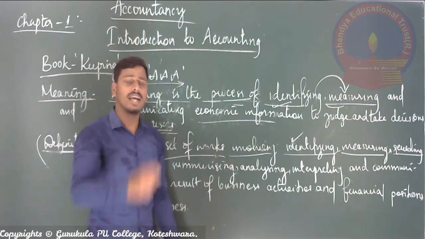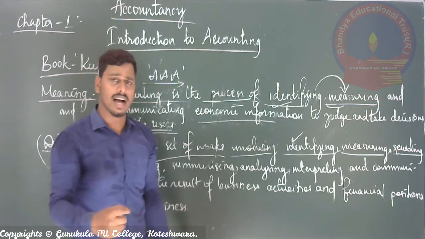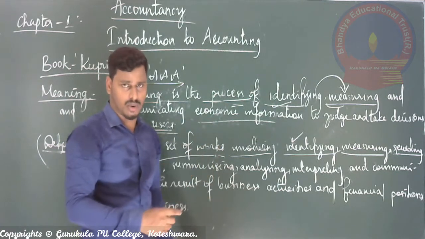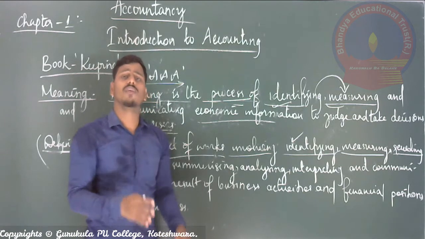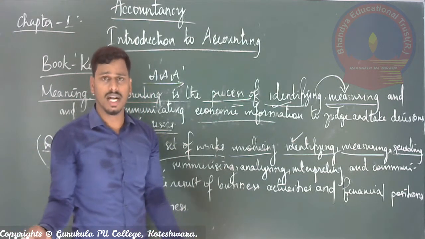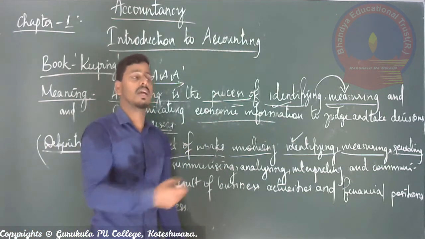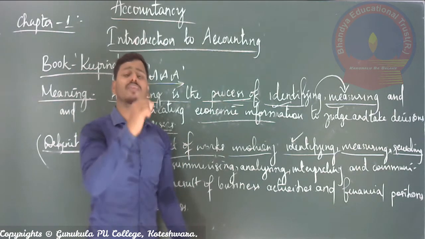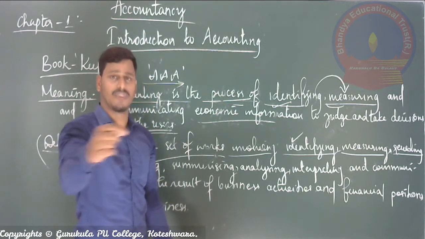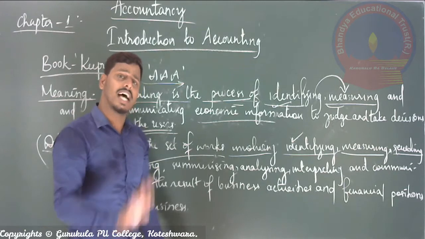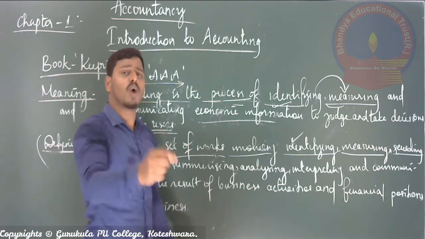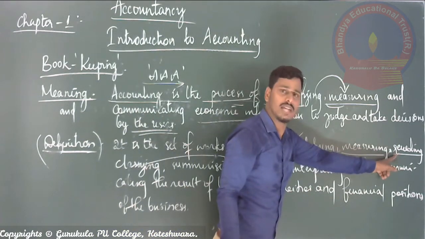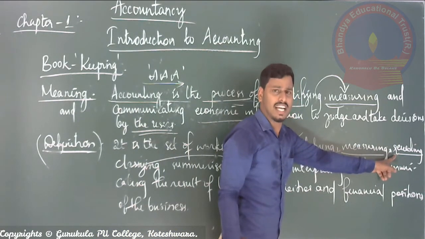Recording is nothing but entering those transactions in proper books of account, right? At the beginning stage itself, the accountant will open many books of account, right? So you find the transaction, measure the transaction, and it is recorded in the proper books of account. Entering the transactions in proper books of account is called recording, that we could say writing also, right?